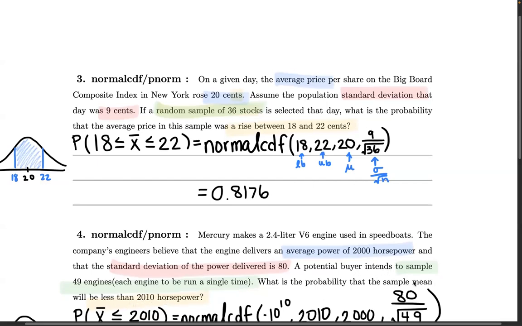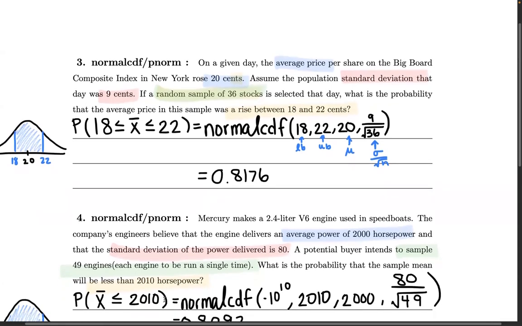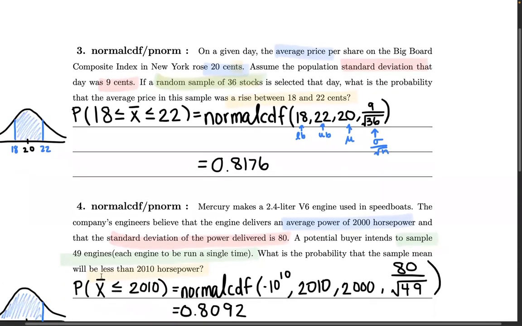So here we're dealing with the sample mean again, and that it will be less than 2010 horsepower. That's why for the standard deviation, we're dividing by the square root of our sample number, which is 49, highlighted in green there.